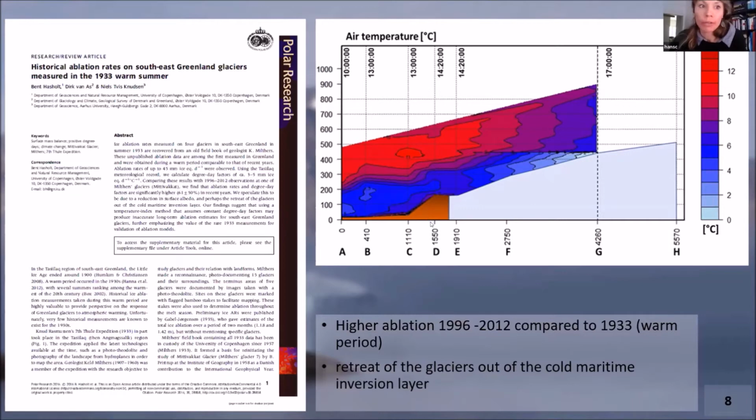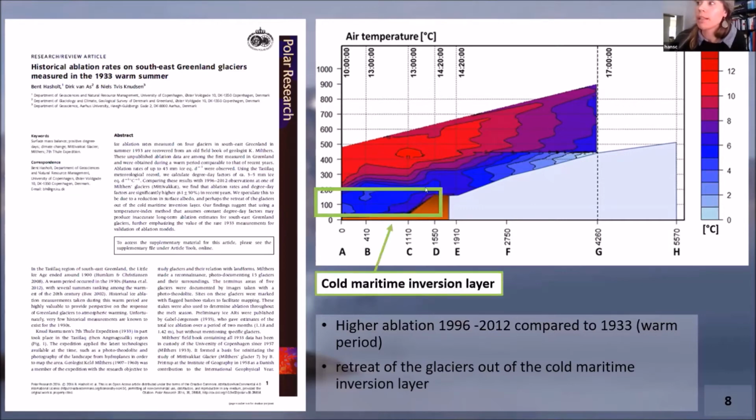And when I talk about the cold maritime inversion layer, I'm talking basically about this area here. So it's the cold air coming from the sea, and it can reach far into the Mittiwakaat Valley. And this is approximately the place where the glacier is today.